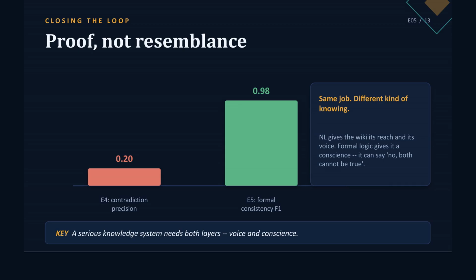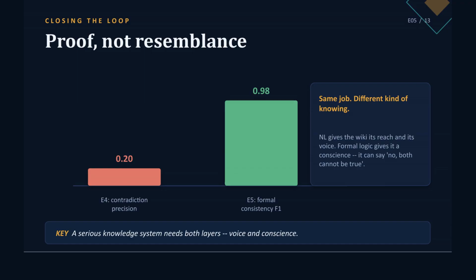Let us close the loop with where we began. Episode 4 left us with a wiki that could feel that 2 claims were close, but could not prove whether they conflicted, a contradiction precision of 0.2. This episode answers it directly. Hand that same job to a formal consistency check, and it reaches an F1 of 0.98.